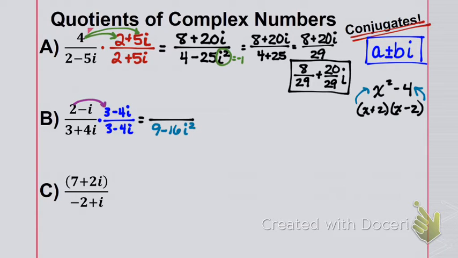So I do 2 times 3 and I get 6. 2 times negative 4i, so minus 8i. And then I take negative i and distribute that as well. So minus 3i plus 4i squared. What can I simplify on this fraction now?